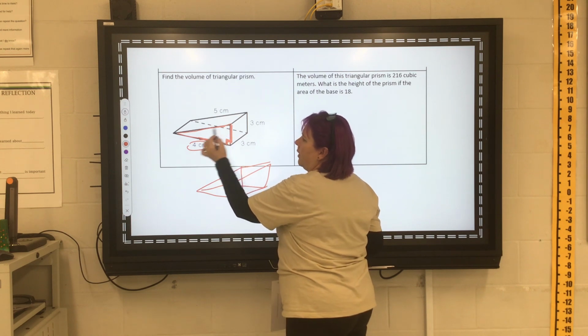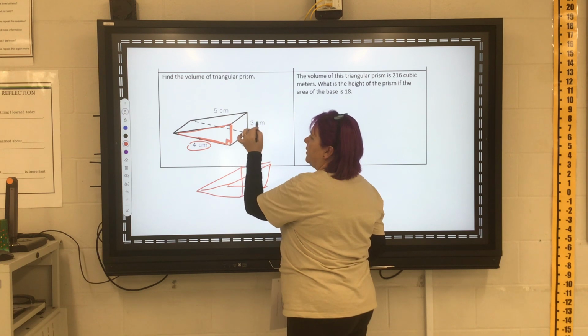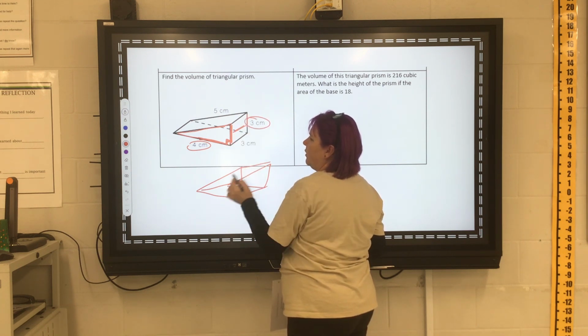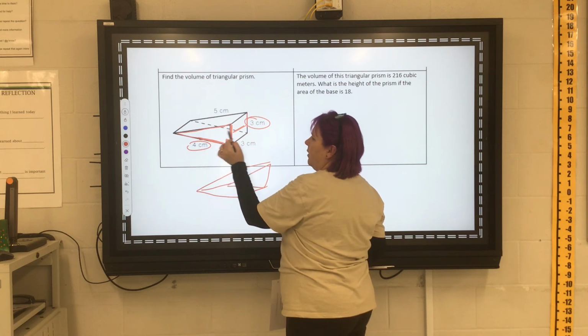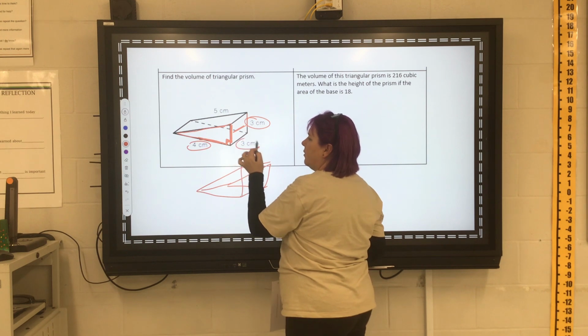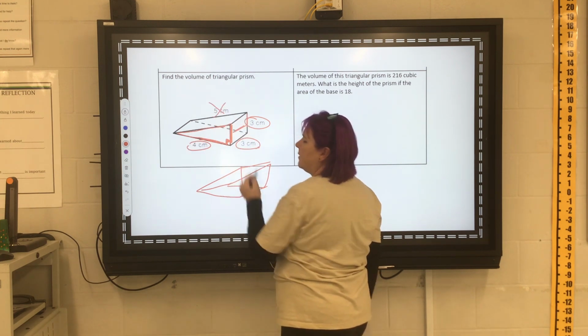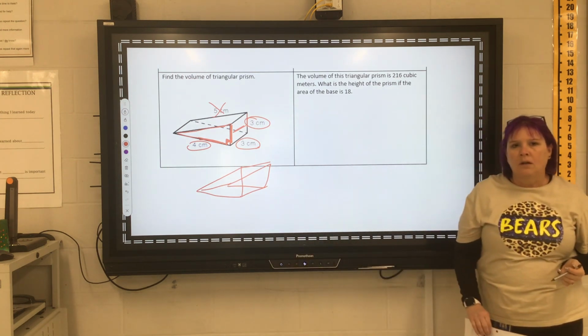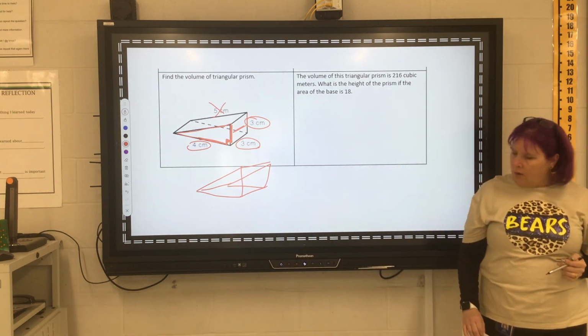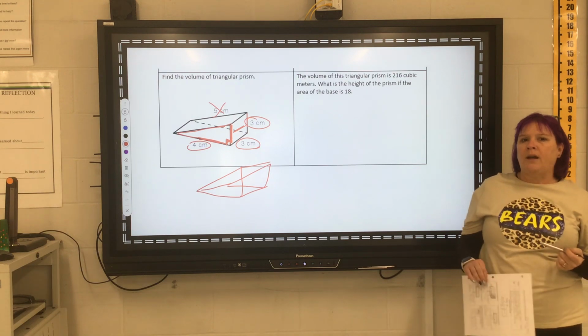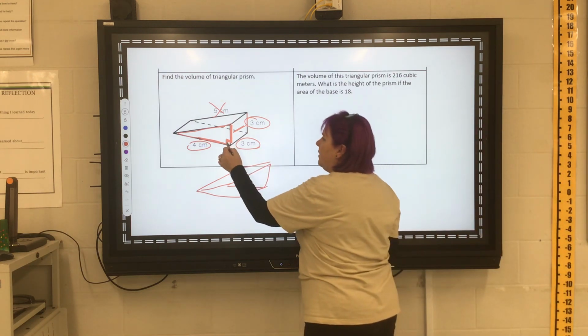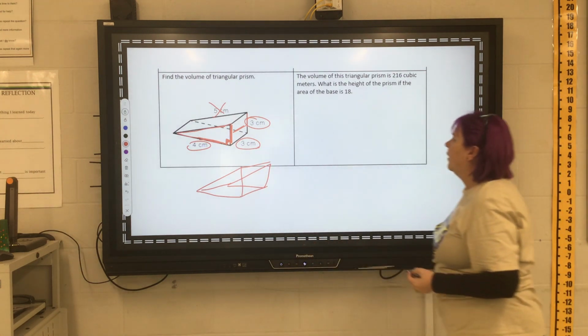We need this one, not this one, because this one does not touch the right angle. This and this are the same number, so this is what we're using. We're using this number and this number to find our area, and then our height is going to be this one. We're not gonna use this one. If it's at an angle, if it doesn't touch a right angle, if it's the slanted line, you're not using it. It has to be touching the right angles, okay?